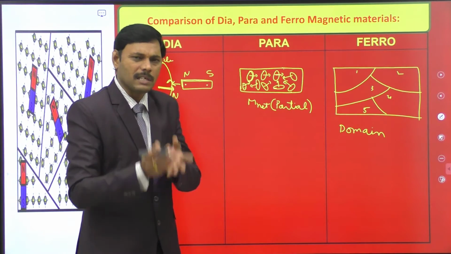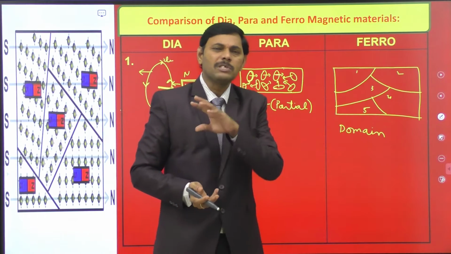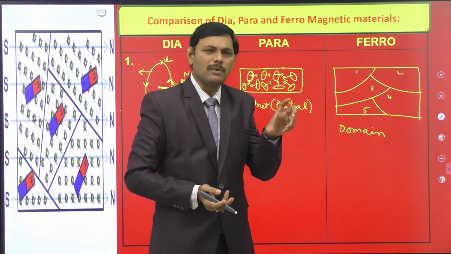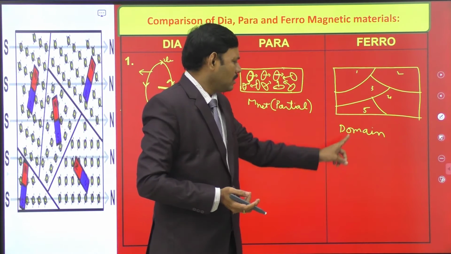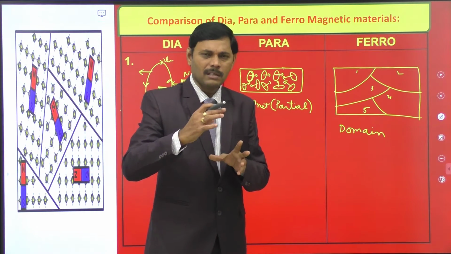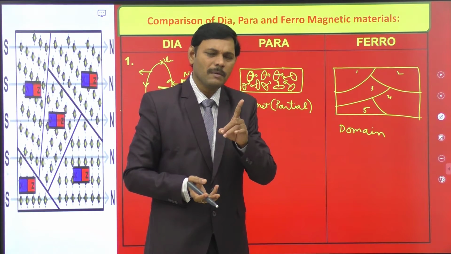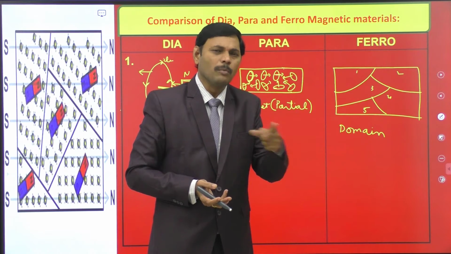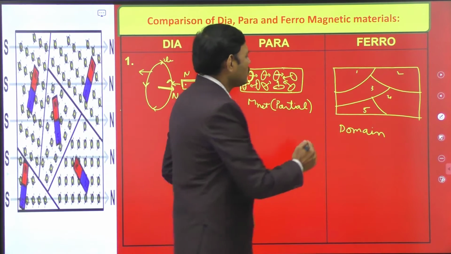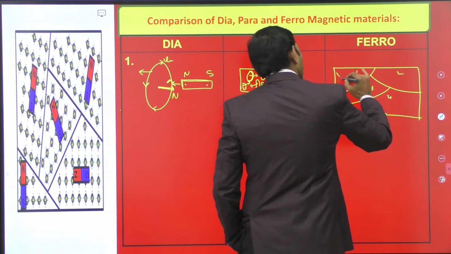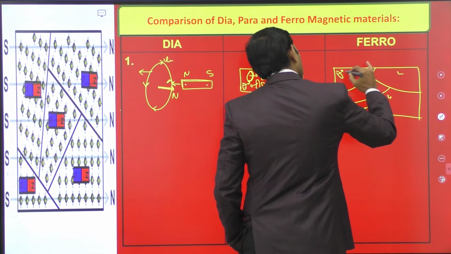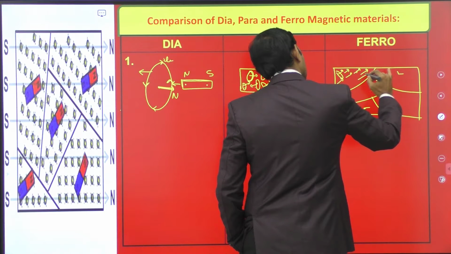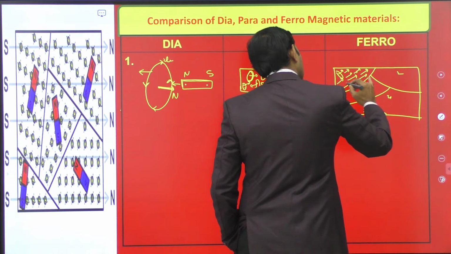Each domain is the region of the substance in which all the atoms contribute their magnetic moment along the same direction, like this, a group of atoms.